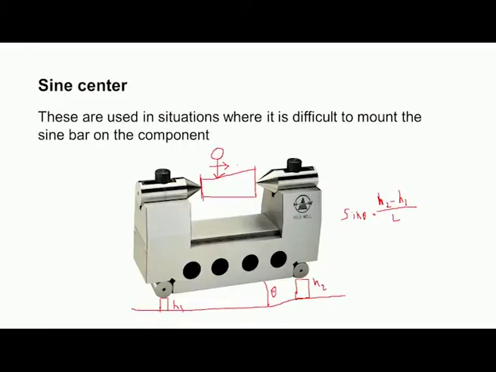When it reads 0, there will be a particular value of theta. So, that is the cone angle of the tapered component. Like this we can use the sine center for measurement of taper angles.